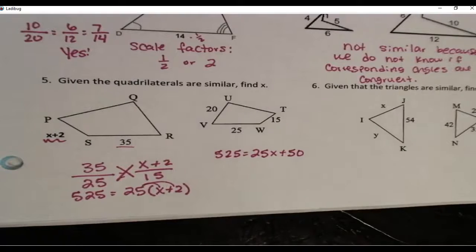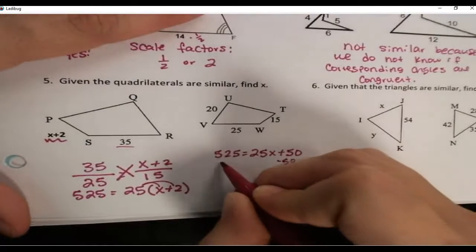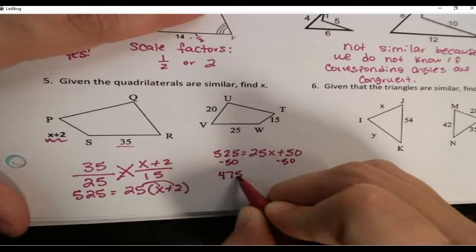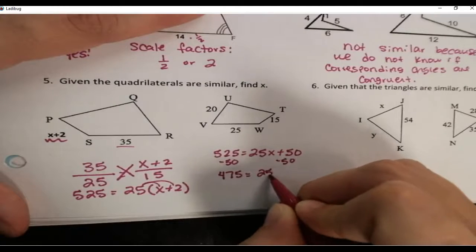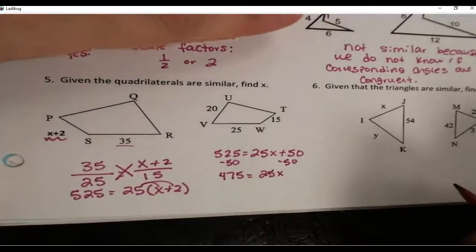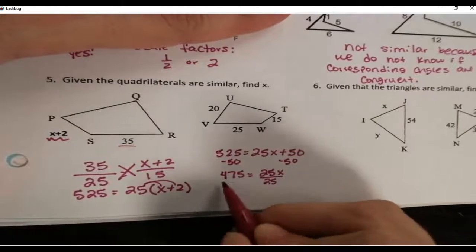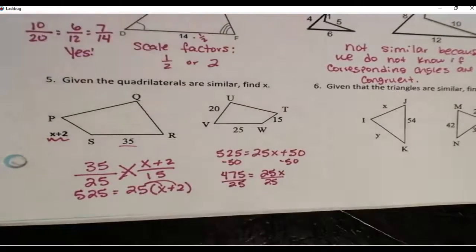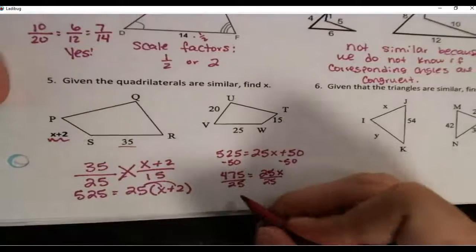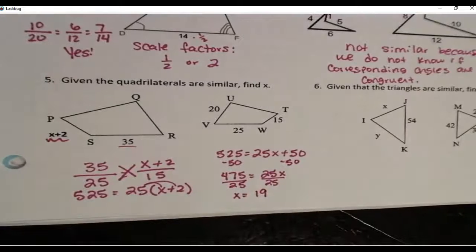And now it's just a regular old equation, so you can subtract. And then you can divide. And so we get 19.